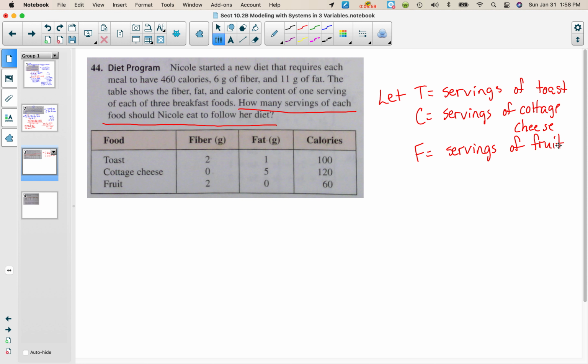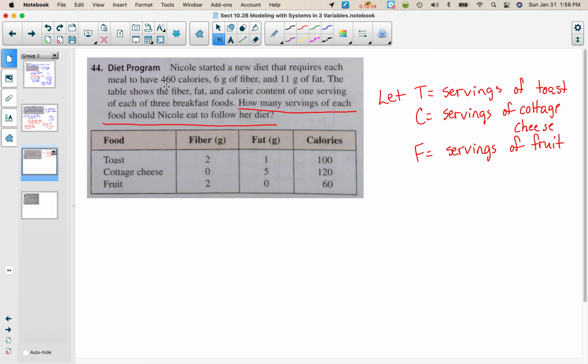From there, we have to have an equation that's about fiber, one about fat, and one about calories.